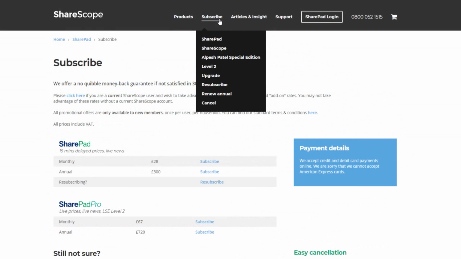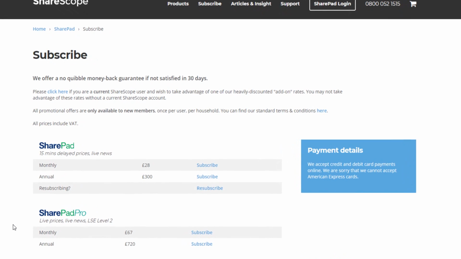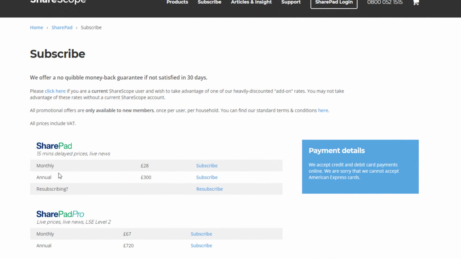So where do you subscribe to SharePad? Well, up here you've got subscribe. Click on SharePad, and then you'll see there's two versions of SharePad. There's the SharePad Standard and SharePad Pro, and there's your monthly fee and annual fee as of June 2020. It's not expensive.